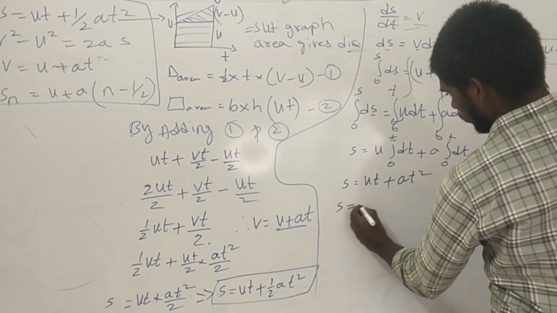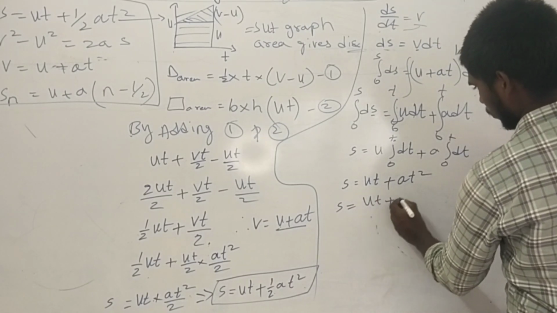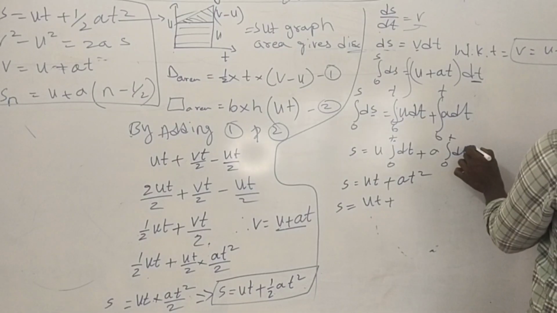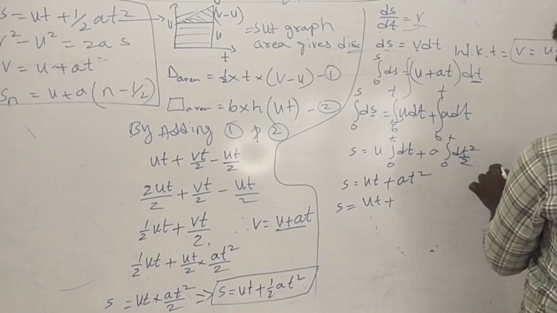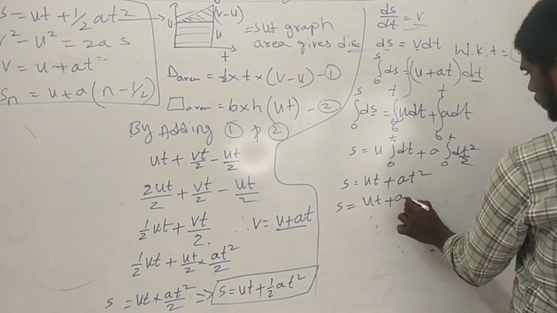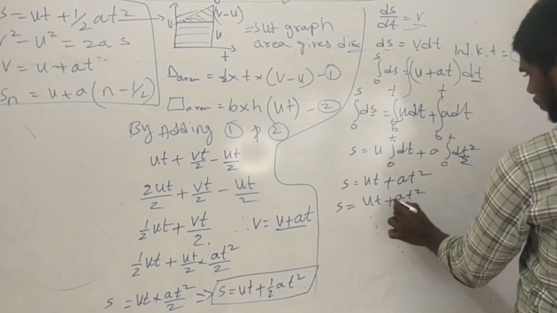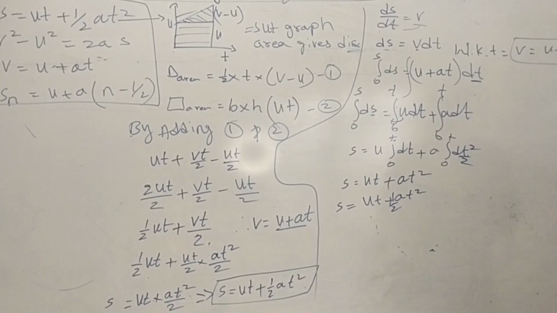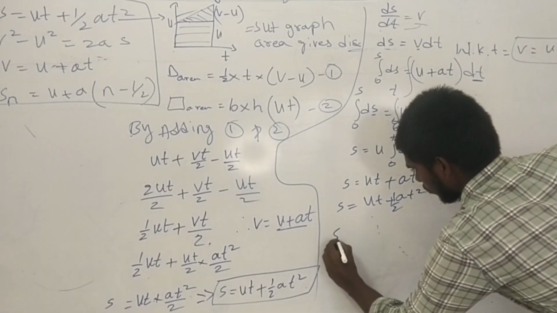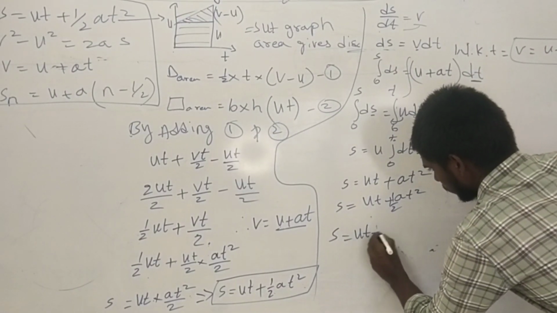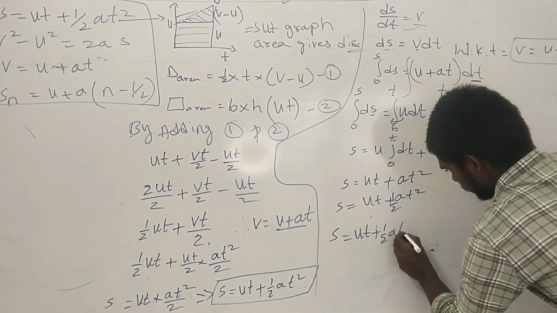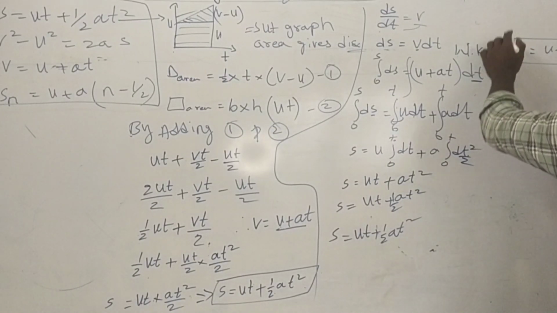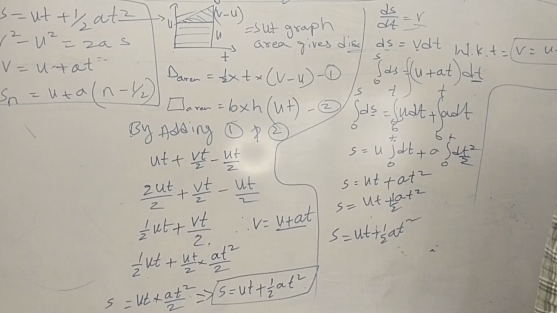So s is equal to ut plus half a t square. So the formula is s is equal to ut plus half a t square. This is the formula derived by using the calculus method.